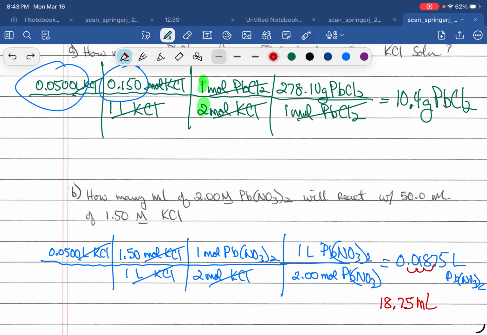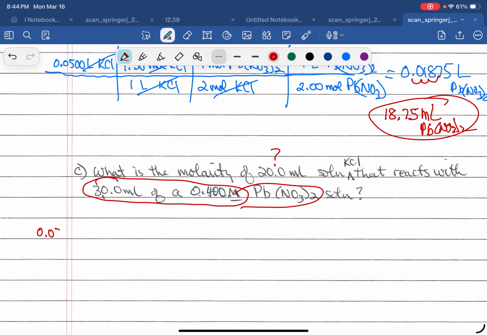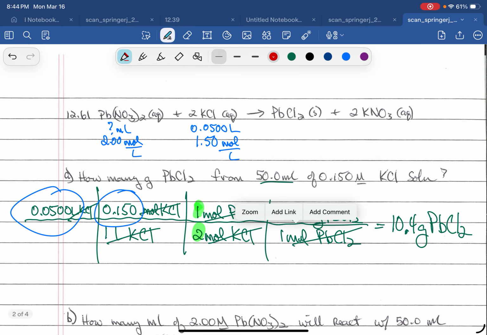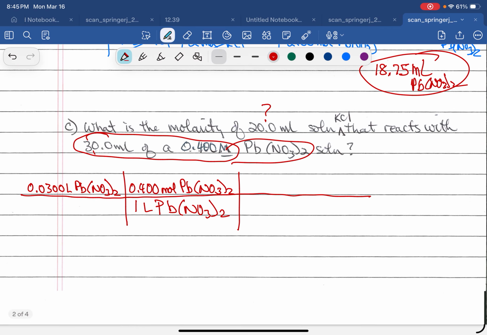I'm going to turn my milliliters into liters. 0.0300 liters of Pb(NO3)2, 0.400 moles Pb(NO3)2 per 1 liter. And now I'm trying to find KCl, so I've got 2 moles KCl for 1 mole of Pb(NO3)2.